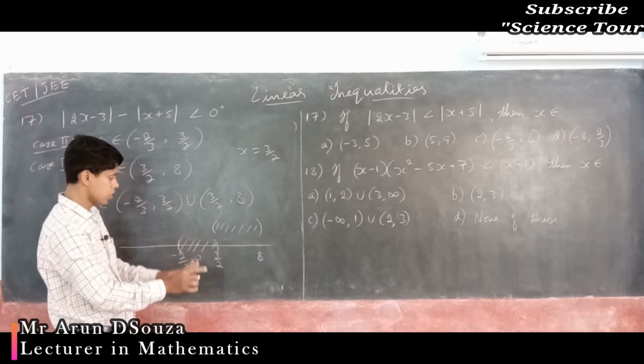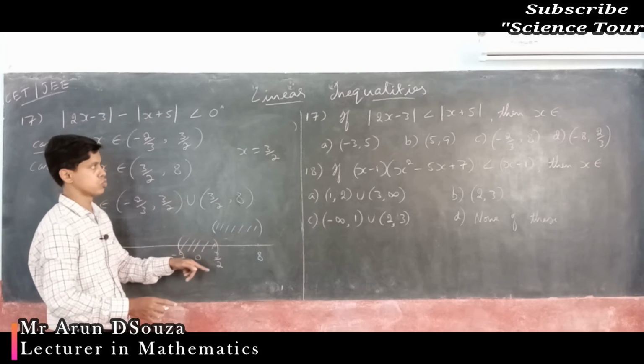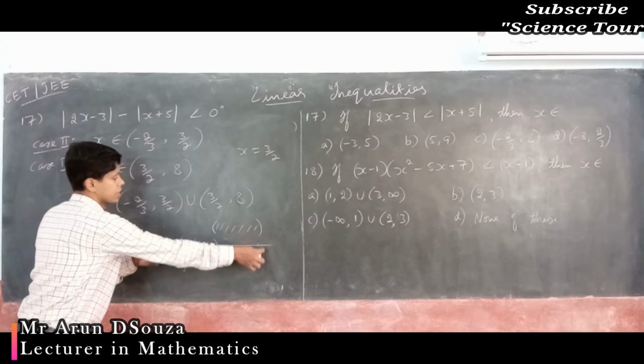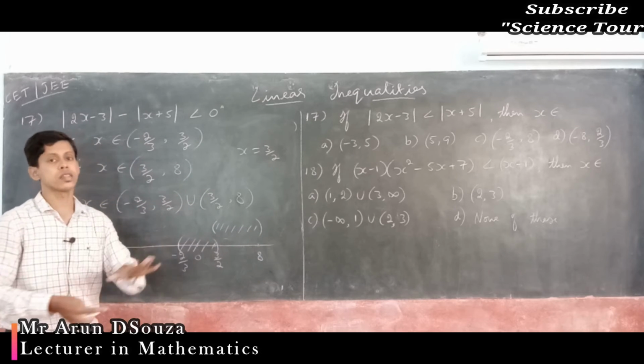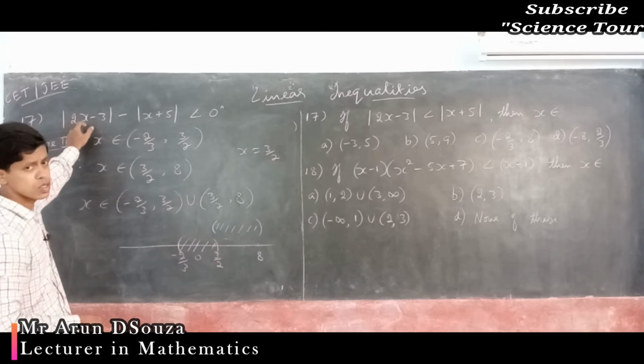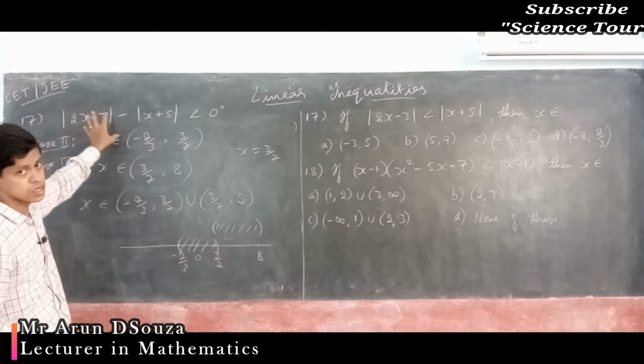All right. So what about 3 by 2? So if that is included, then we can write the full interval, because even the point 3 by 2 is included. Let's check. So put 3 by 2 here. 2 to cancel, 3 minus 3, you will get 0.